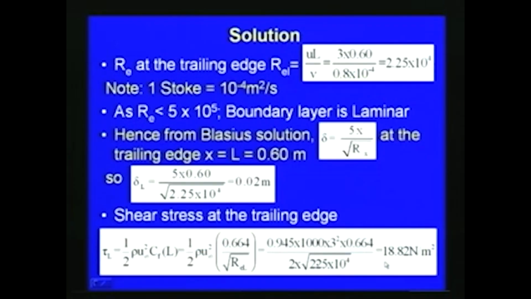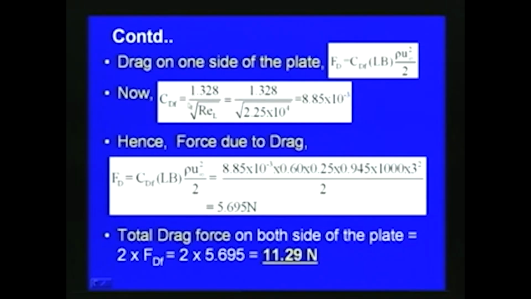So, this equation we can utilize here. C_DF is equal to 1.328 divided by square root of 2.25 into 10 to the power 4. So, this gives C_DF is equal to 8.85 into 10 to the power minus 3.